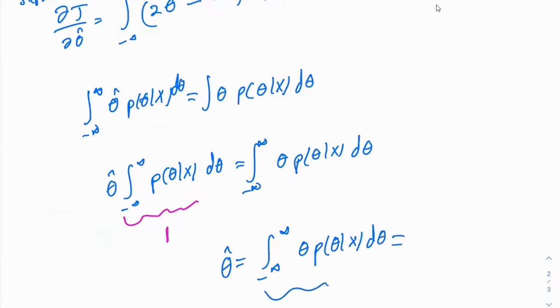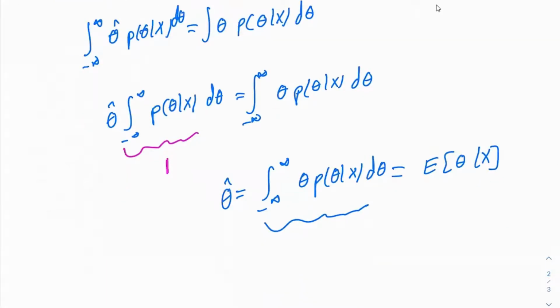But what is this one? What is this expression in a simple form? This expression is known as the expected value of theta given x. Isn't this correct? Remember, how would you define the expected value of theta given x? This would be the integral of theta p of theta given x d theta, exactly.